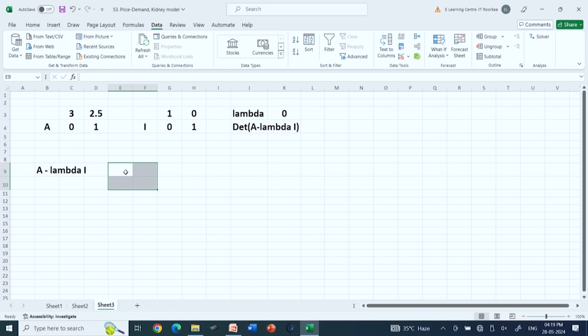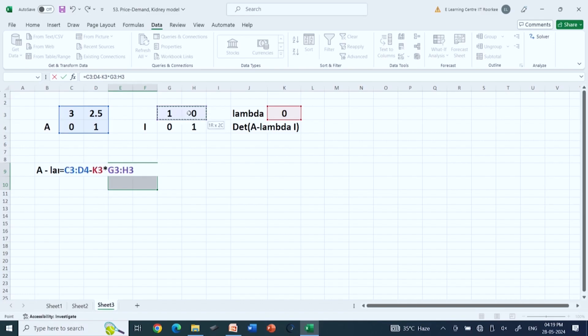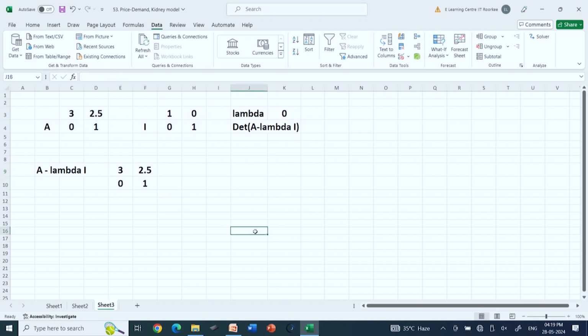So, you highlight these 4 cells and put an equal to, and then select this A, minus, put an arbitrary value of lambda which is 0, multiplied by this I. And then you press Control Shift and then Enter, and only then these 4 values will simultaneously come.